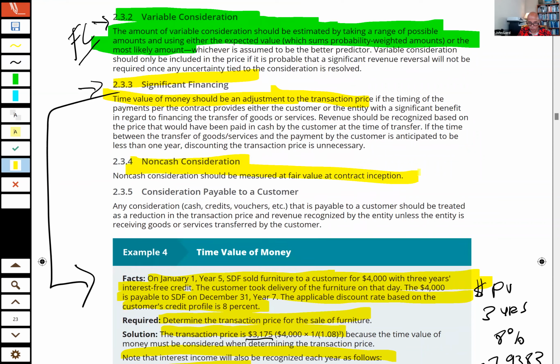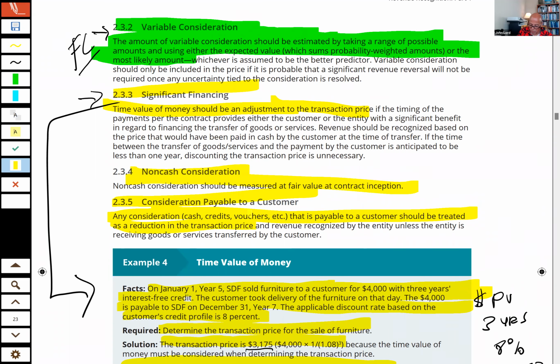If it's equipment for equipment, let's say, then we're going to have to look to the fair value of whatever we're giving up in order to determine what the fair value of the item is that we're receiving. And then consideration payable, a consideration that is given to the customer, such as coupons and whatnot, would be a reduction of the transaction price. Okay, so you can flashcard the 4 of these as just a high level in considering the contract price.